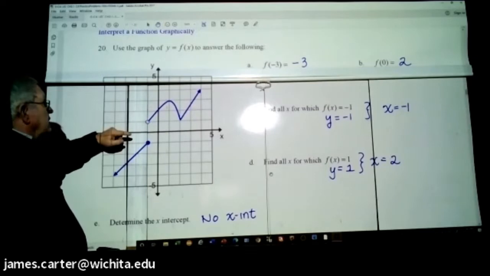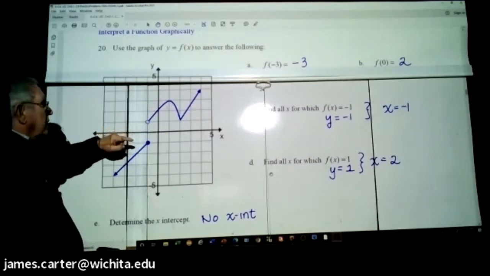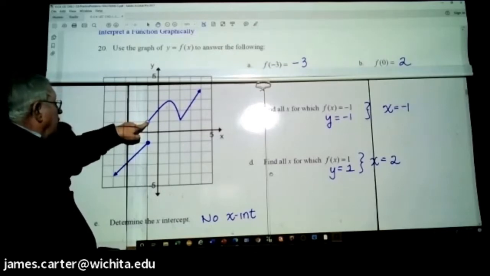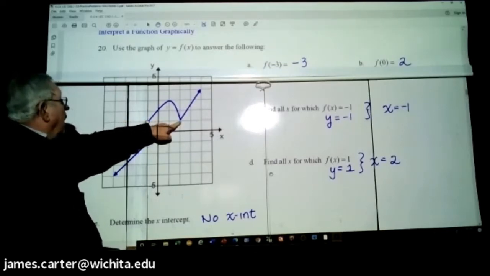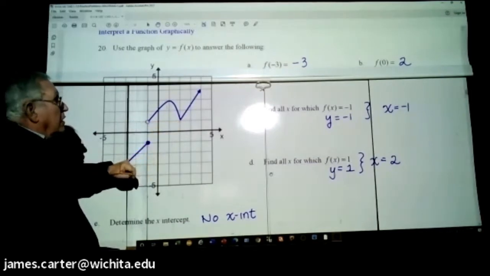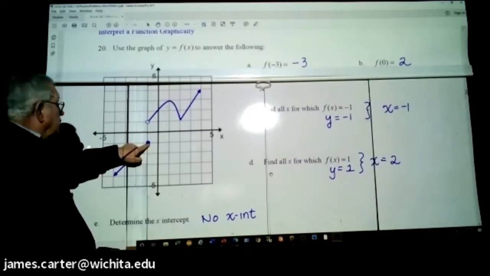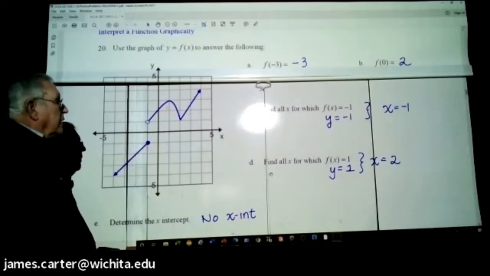So where y is -1 would be right here, although it's non-inclusive. It would also be y, negative 1, it says, right here. I better pay attention. So if y is negative 1 right here, then what is x? X is also negative 1.